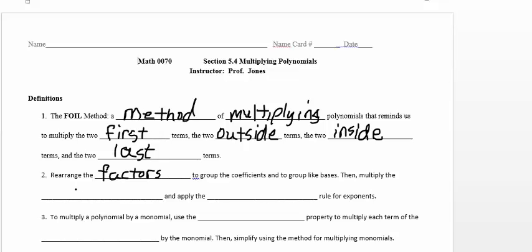Then multiply the coefficients and apply the product rule for exponents.